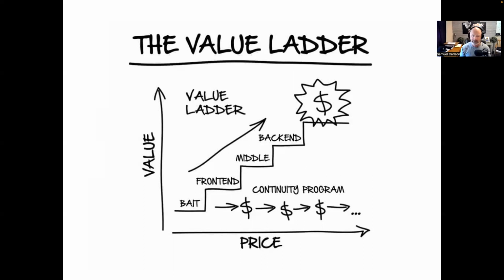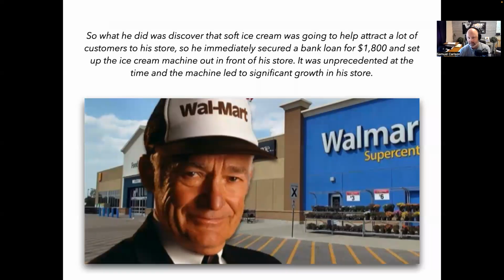This is finding your prospects. Then you start at your front end money, and you can see there's a dollar sign there. And then you go middle, back end. And as you add more value, you make more money. Okay. And if you want to see an example of this, nobody did it better than this guy right here.